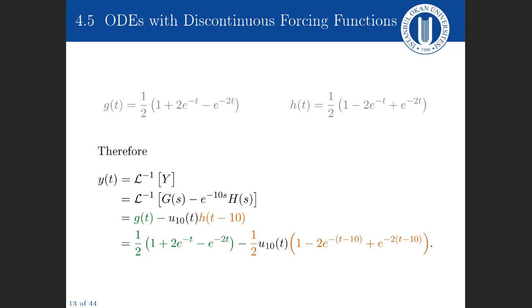Small g, we can just substitute in. For small h, I have to replace every t by t minus 10. So it becomes minus (t minus 10) and minus 2(t minus 10).